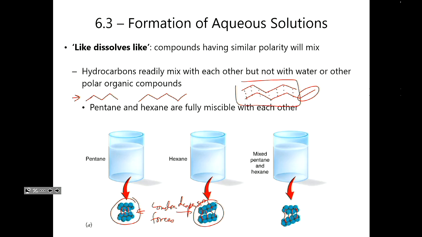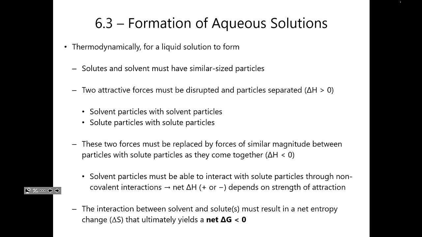So the net change in energy, whether the whole process absorbs or ultimately releases energy, meaning endo or exothermic, depends on the relative strength of those attractions. Okay? So you must disrupt two attractive forces for which energy absorption is required.